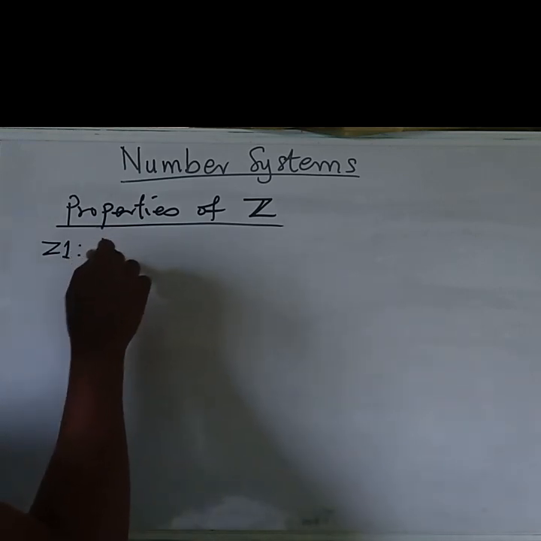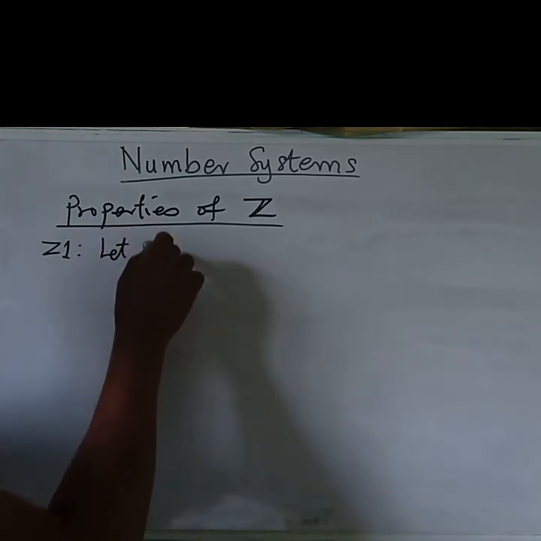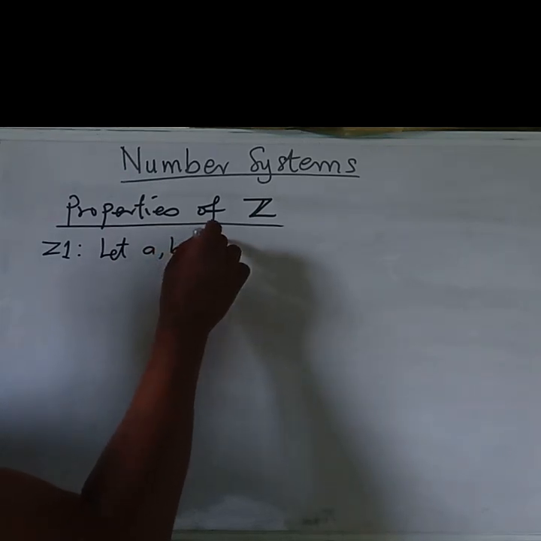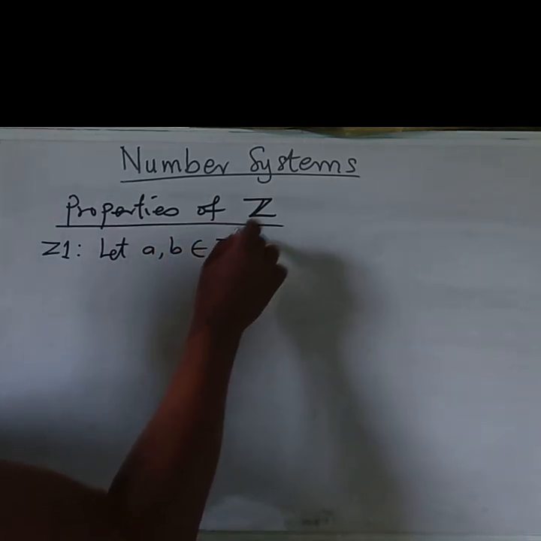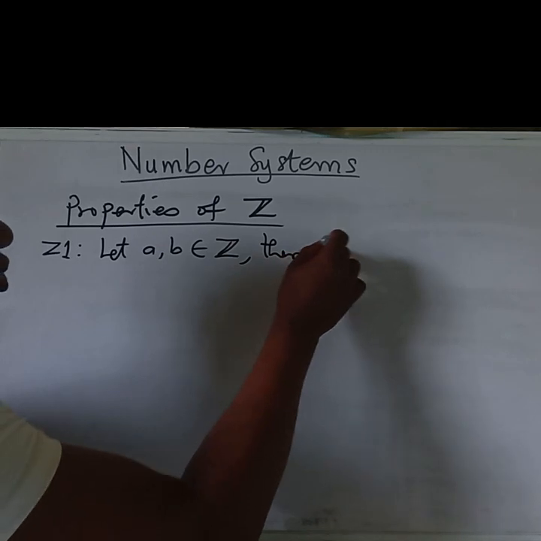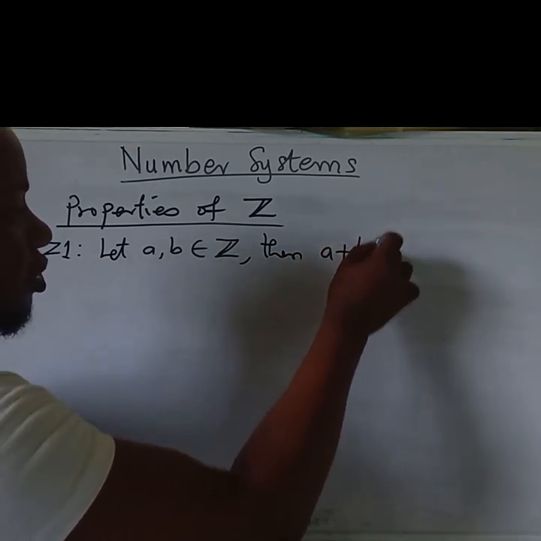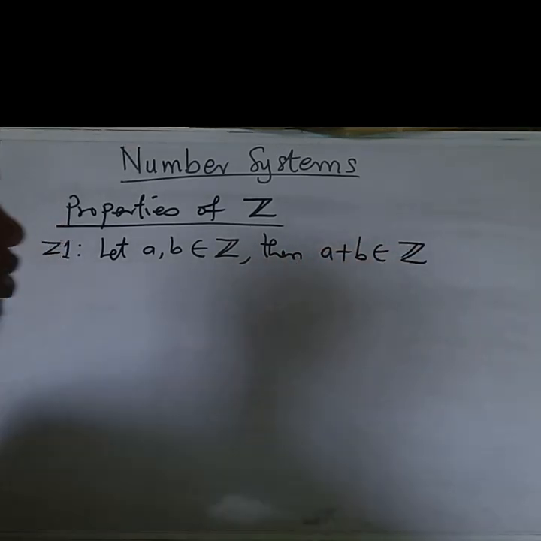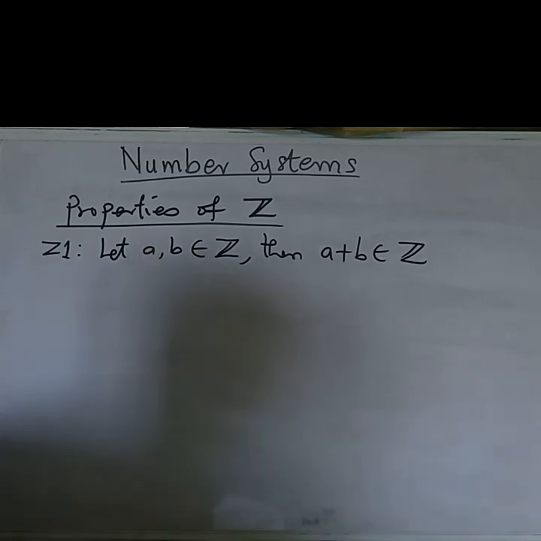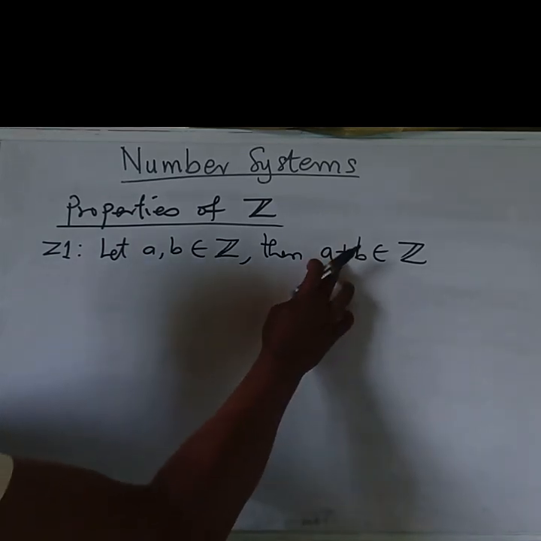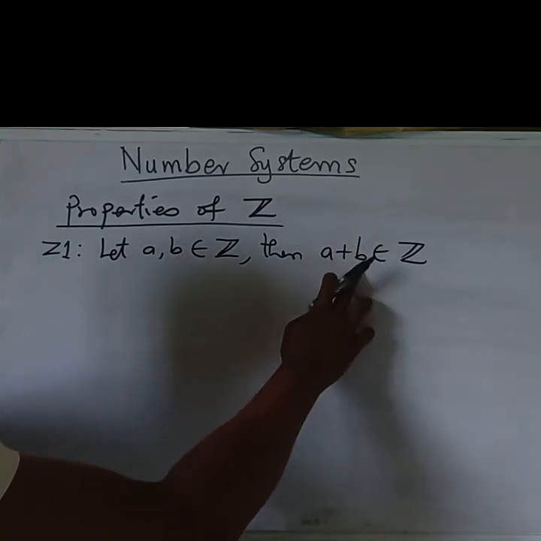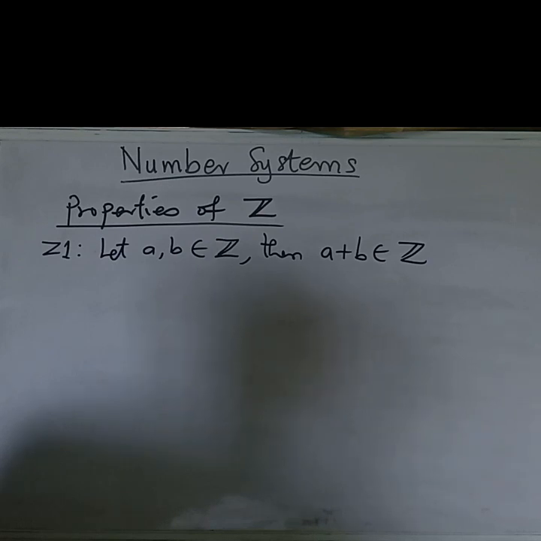Here we'll say let A, B belong to Z, then A plus B is an integer number. If you pick any two numbers in the set of integer numbers, the addition of the two numbers is also an integer number.